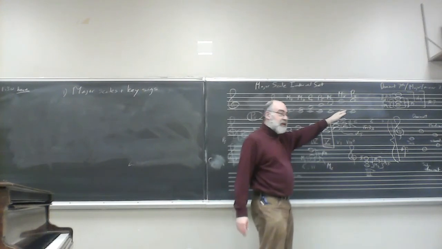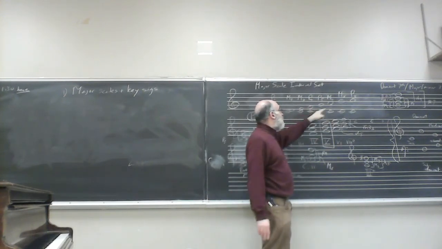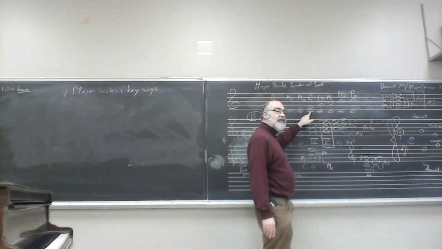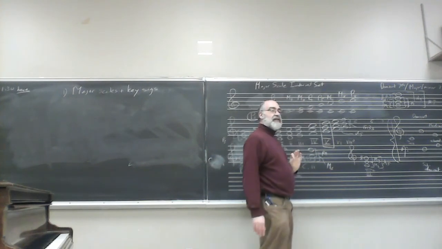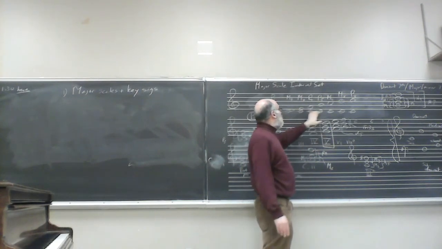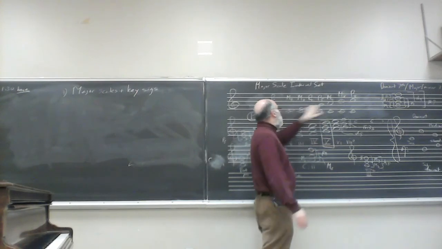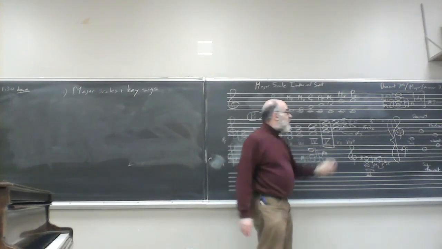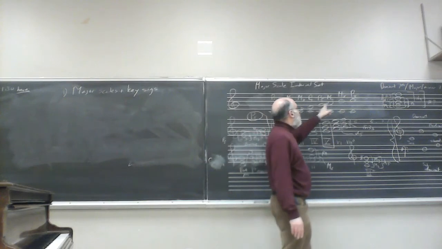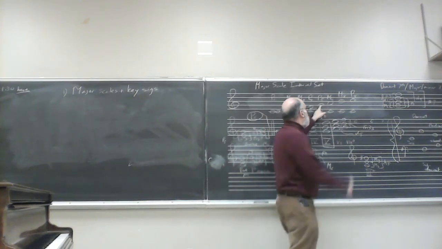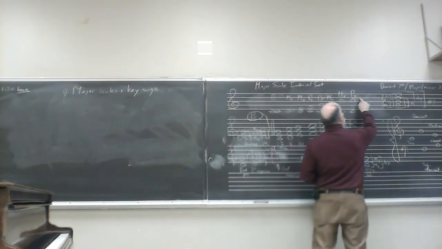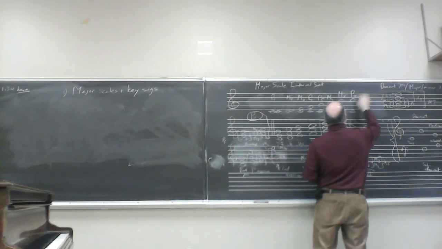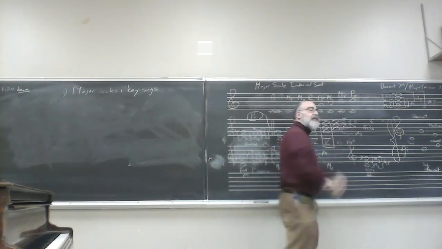That interval is perfect. We've already demonstrated G is in the C major scale. But if you write out the G major scale, G, A, B, C, D, E, F sharp, G, C is also in the G major scale. Therefore, it is perfect. So those are all the perfect intervals.